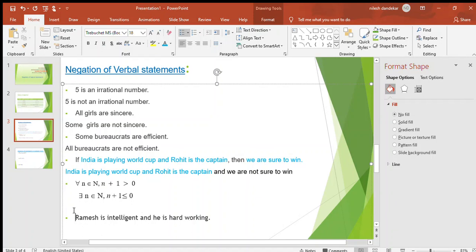And the last one is: Ramesh is intelligent and he is hardworking. So there are two statements connected by the symbol and. So let us use the rule of negation of and.